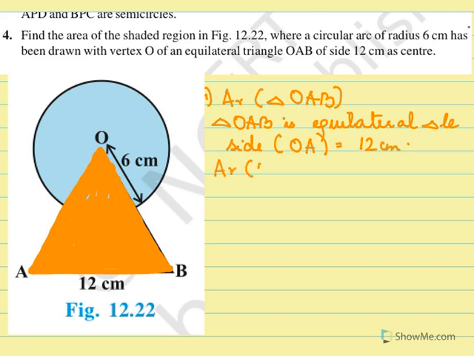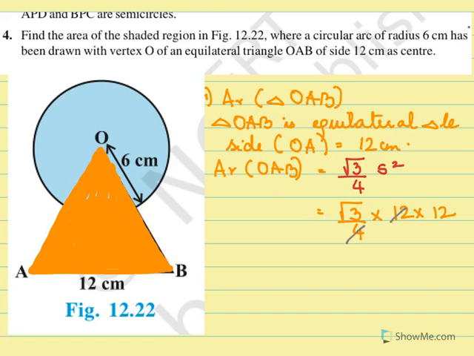Therefore, area of OAB will be the formula of equilateral triangle area, √3 by 4 side square. So that will be √3 by 4, and the side is 12. So 12 into 12.